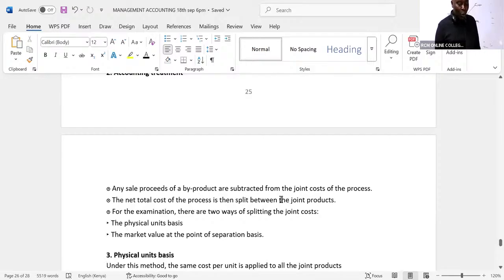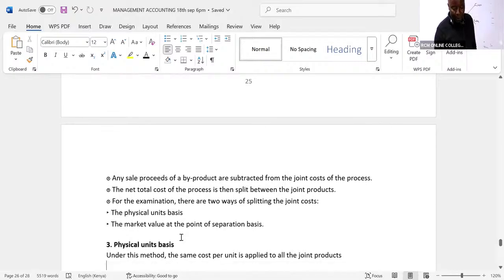Number two, we have what we call market value basis at the point of separation. However, I will still teach you a third method known as net realizable value. But if you look at your past papers, normally they want you to split the joint costs using physical units or market values. We start with the first one, which is the physical units basis.